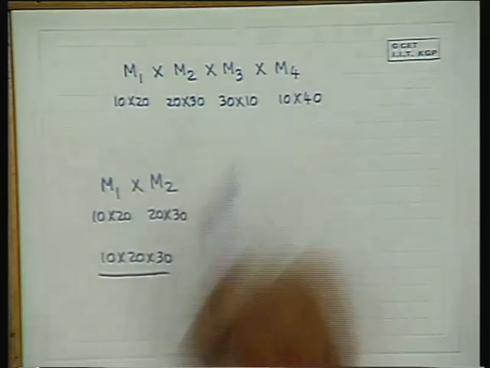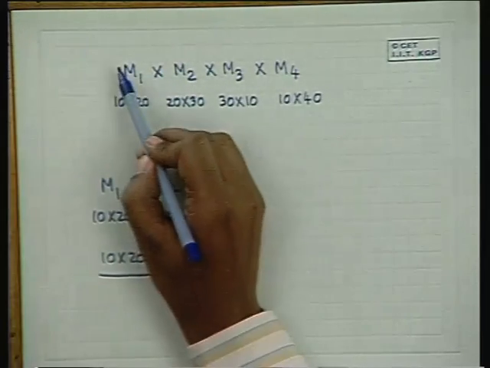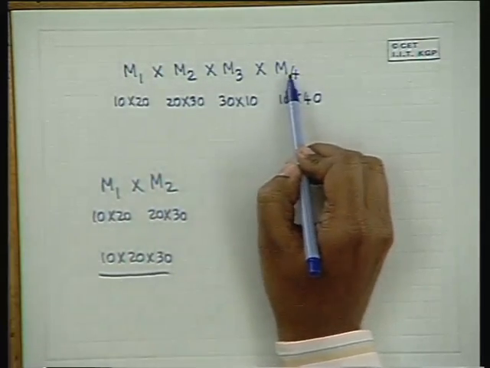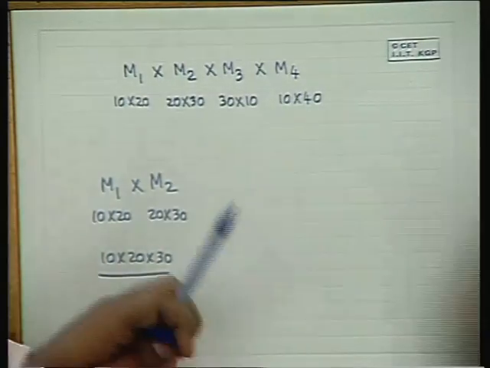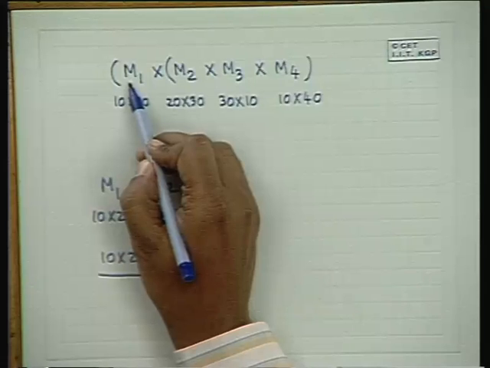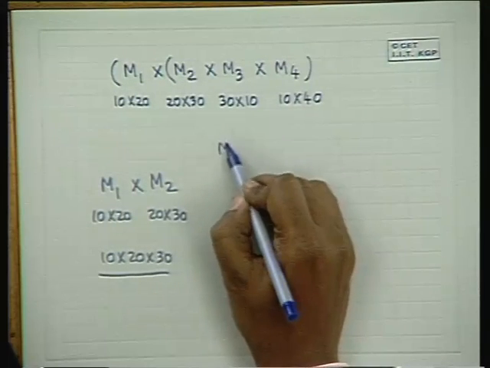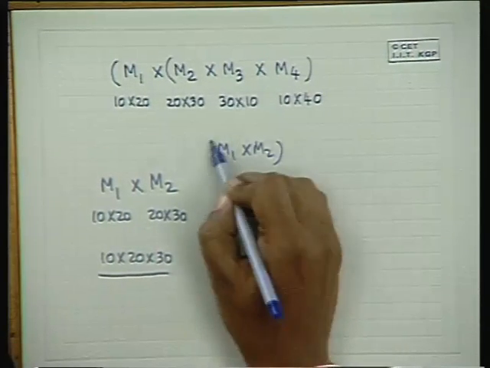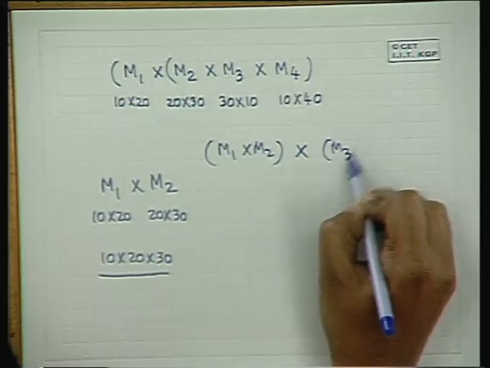Now I have got a lot of alternatives to do. Matrix multiplication is associative. I can multiply these all and then with this, or I can multiply M1 cross M2 with M3 cross M4.